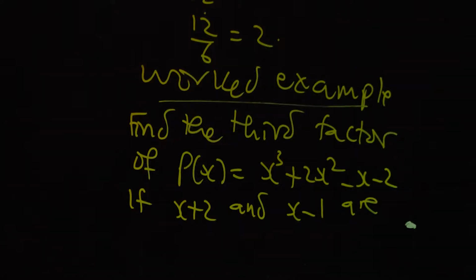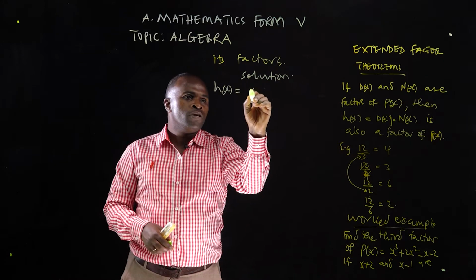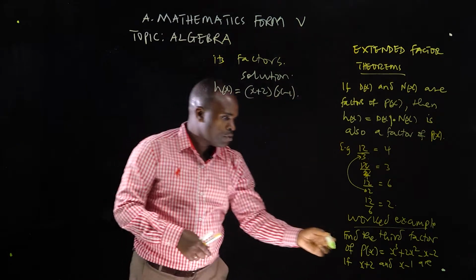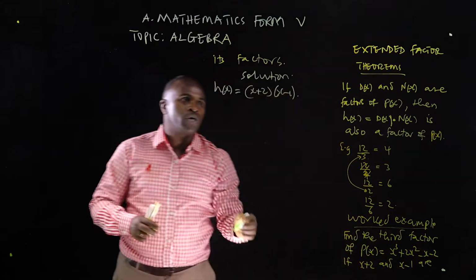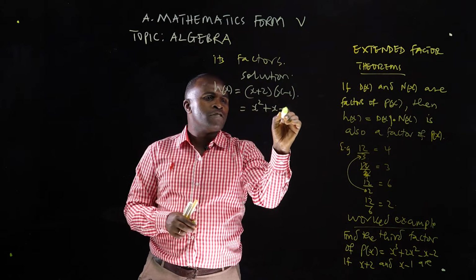A solution on this means we would be finding h of x, which is the result of x plus 2 and x minus 1. So we are taking the product of the first two factors. Expanding this carefully, we have x squared plus x minus 2.